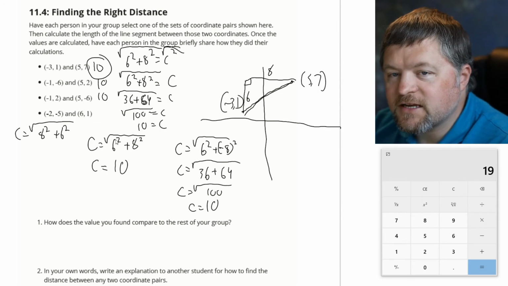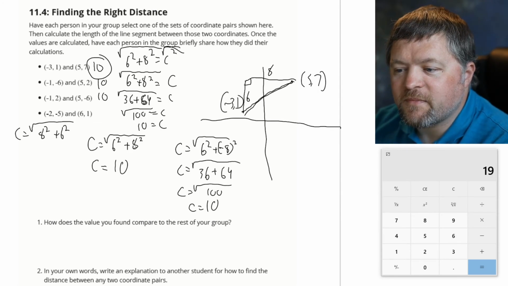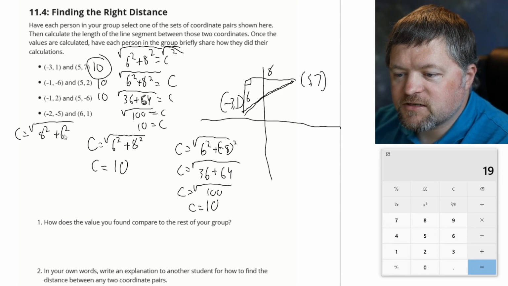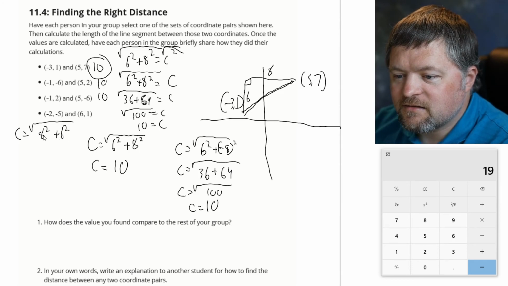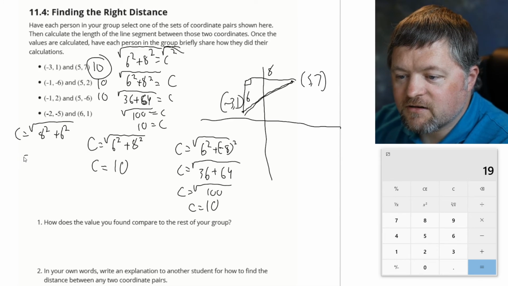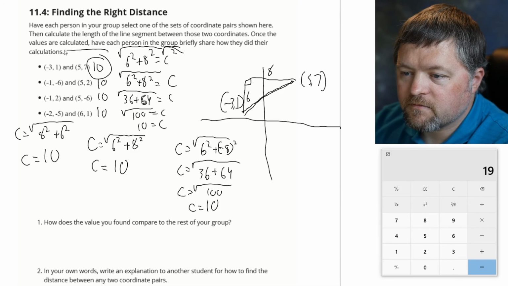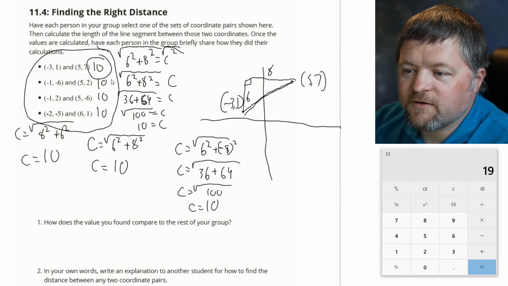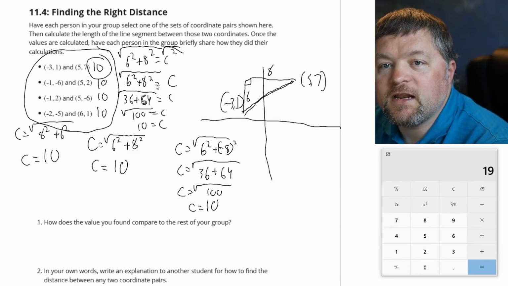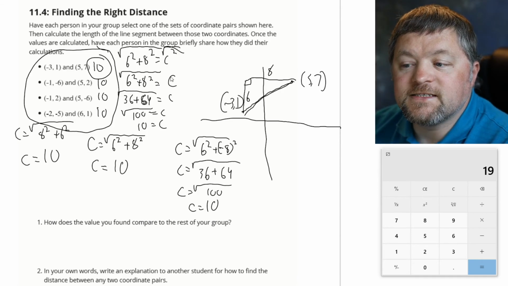Hey, this is the same thing as what we did before, but with the 6 and 8 backwards. 8 squared is 64. 6 squared is 36. That's still going to be 100. So C is still going to be 10. So those were all different points, but the distance between all of them was always 10.